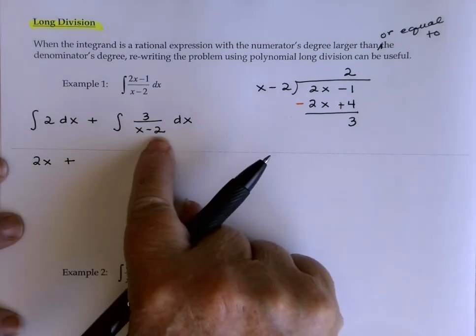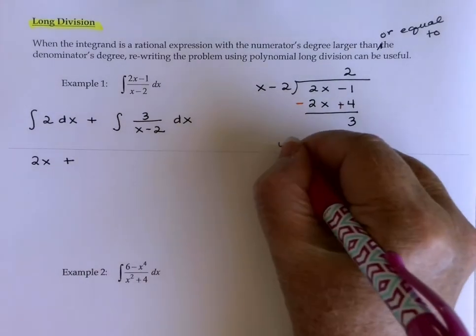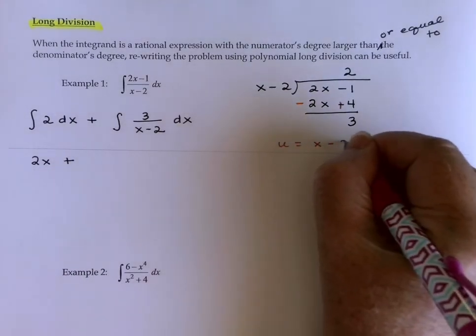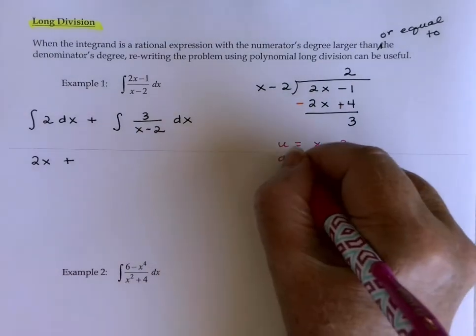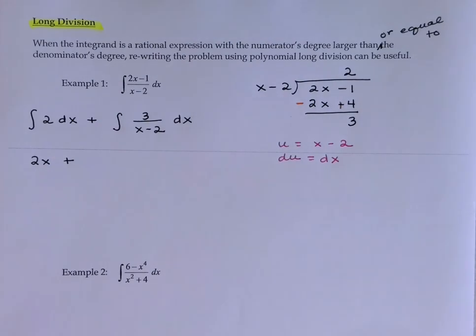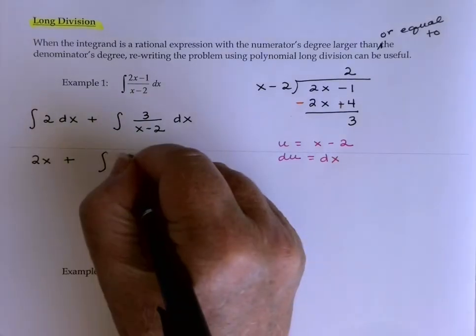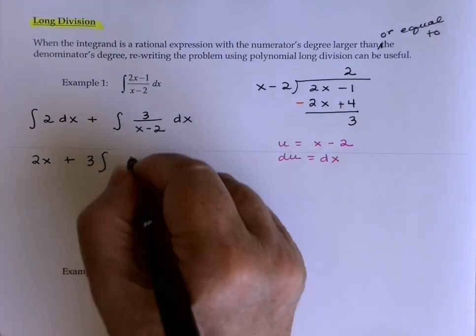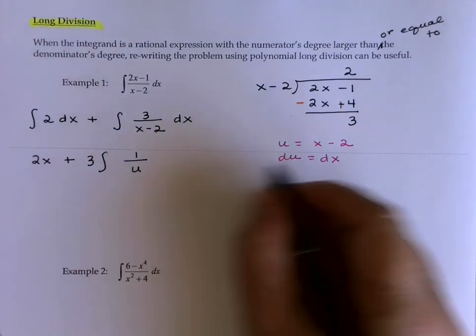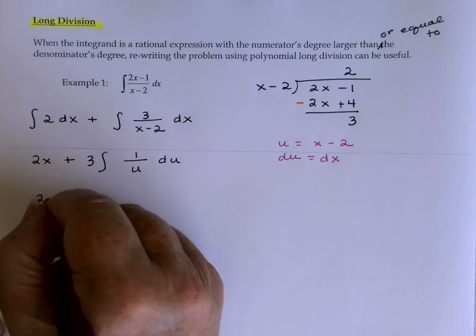And the second one really isn't very hard either. What we'd want to do is just let u be the denominator. So du would just be 1 dx. And we'd have the integral of, so I'll pull the 3 out in front, and then I'd have 1 over u. du is just the same as dx, and that's going to give us our natural log.